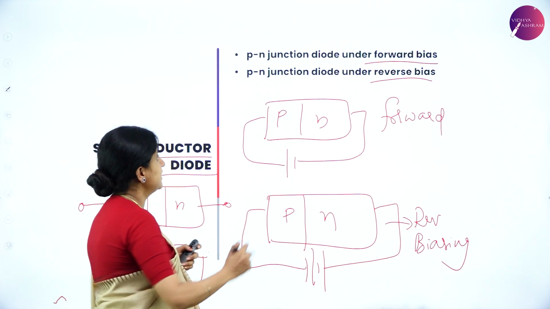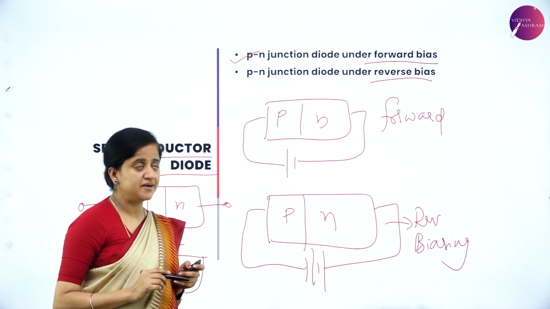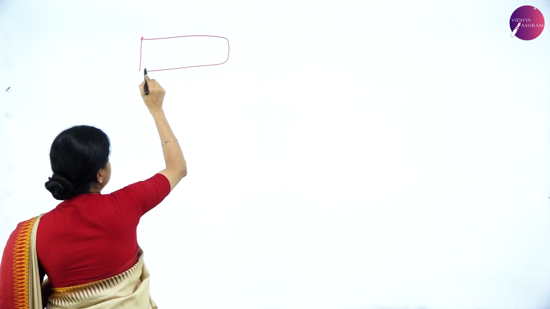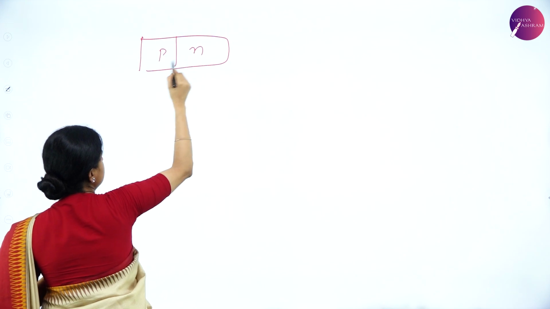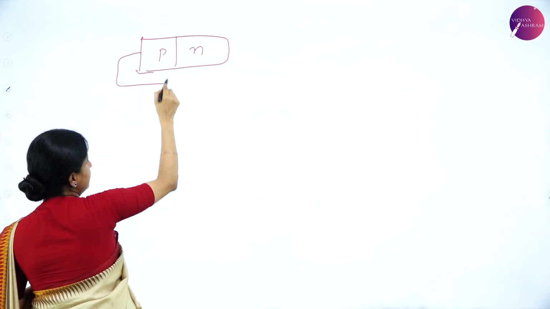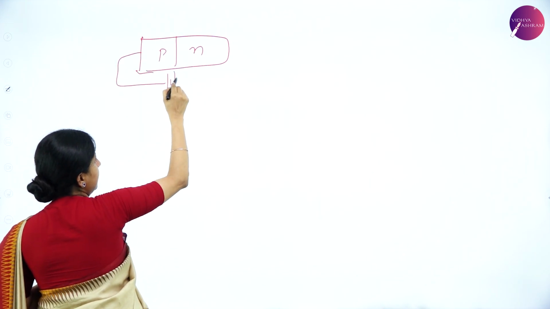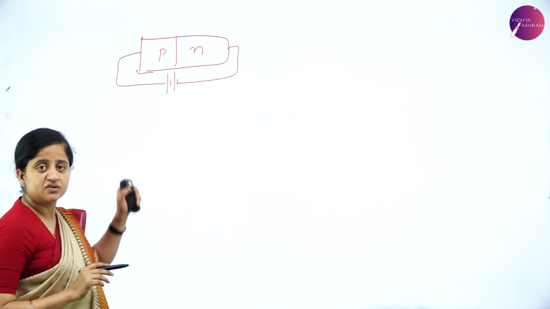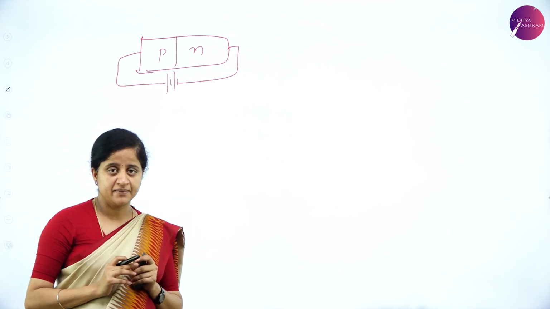Let us now understand the PN junction diode under forward bias condition. When the PN junction diode is connected in forward bias, the P type material is connected to the positive terminal of the battery and the N side is connected to the negative terminal of the battery. So this is the condition for forward biasing.